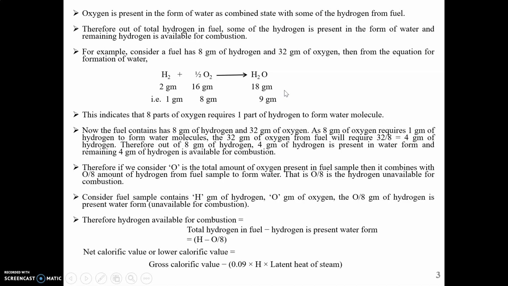After simplification, we can say that 1 gram of hydrogen combines with 8 gram of oxygen to form 9 gram of water. This indicates that 8 parts of oxygen require 1 part of hydrogen to form water molecule.